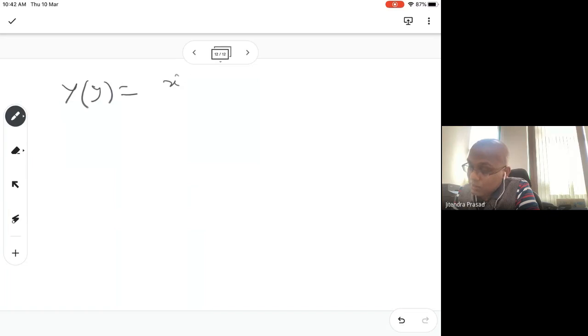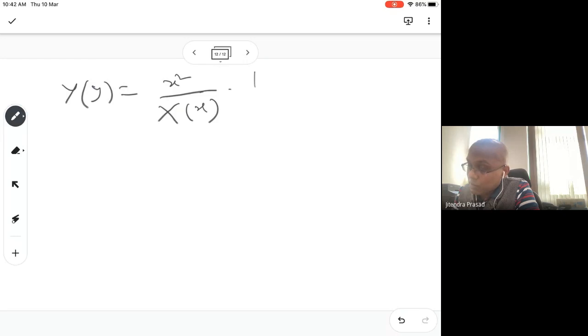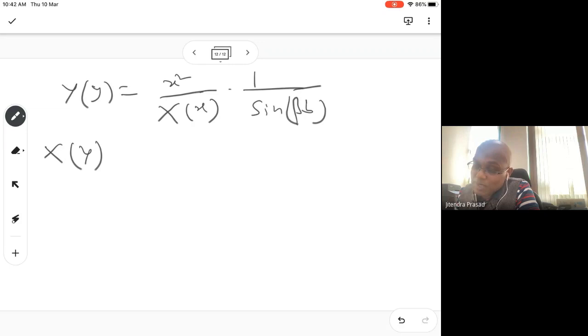So we get x square over x, right? And then 1 over sine beta b. We get it like that. So that means x times y, xy becomes what?